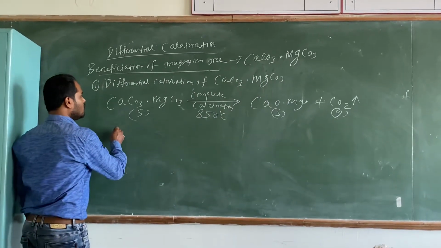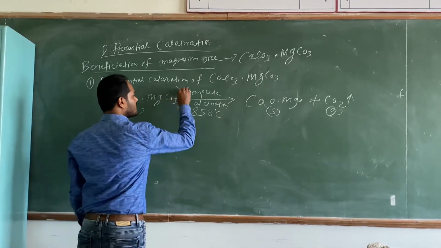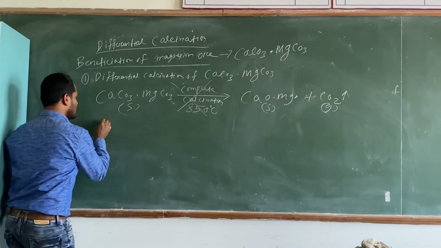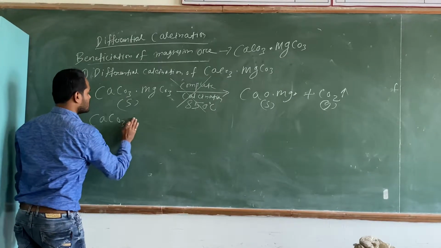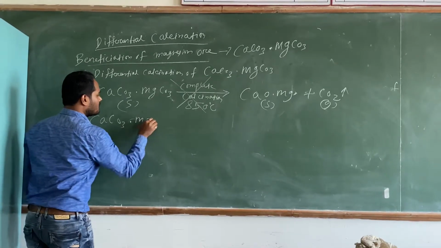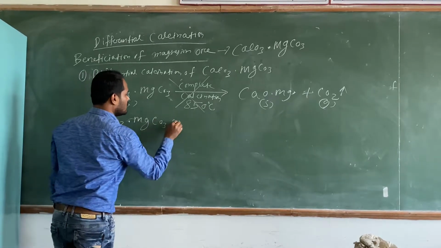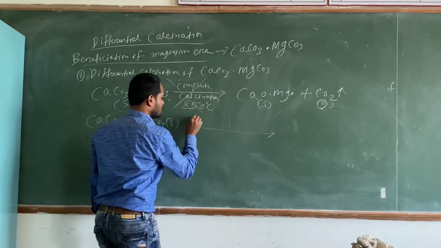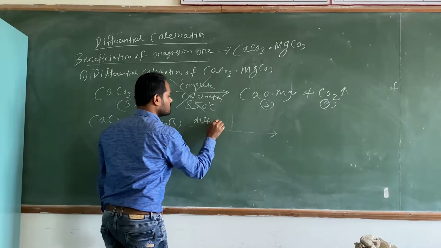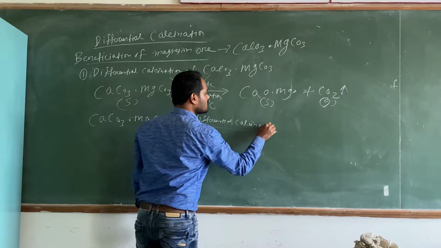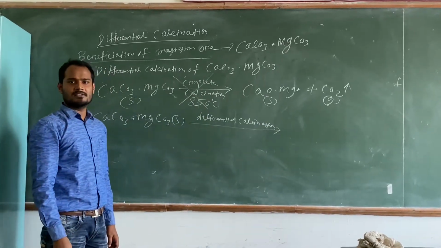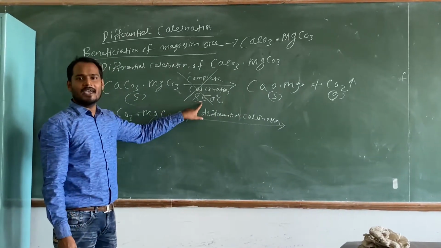So what do we need to do? We are not doing this one. We are doing differential calcination. CaCO3·MgCO3 solid will undergo differential calcination. At what temperature do we need to do it? A temperature below 850.